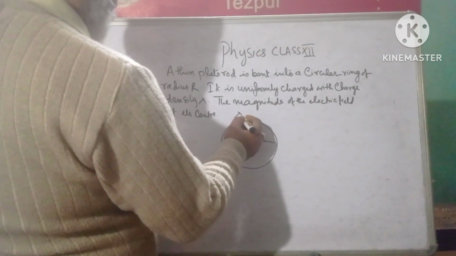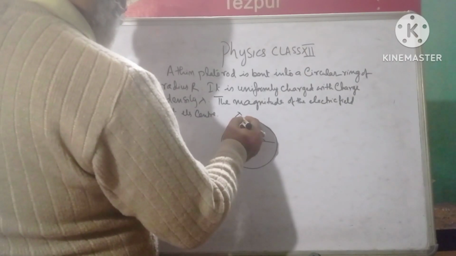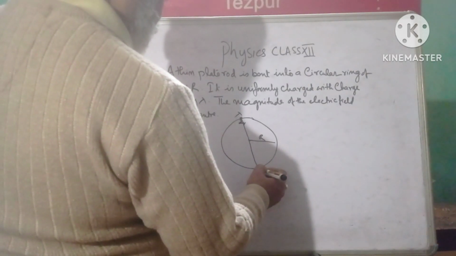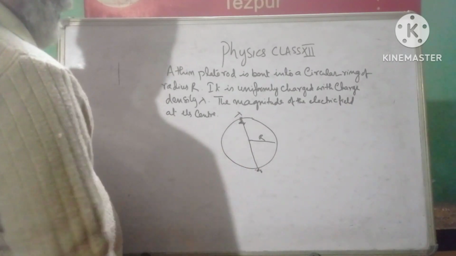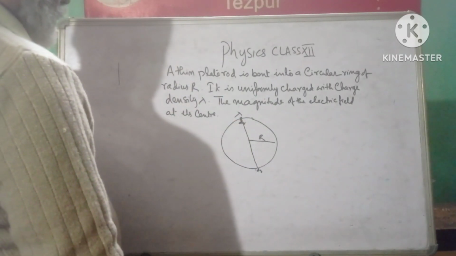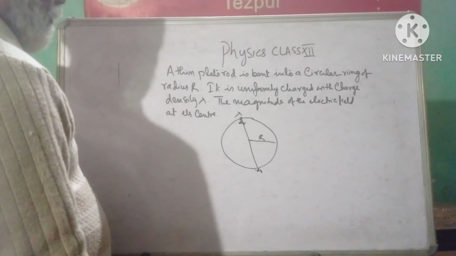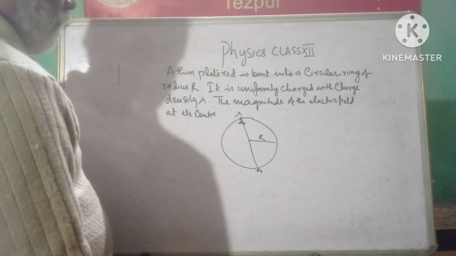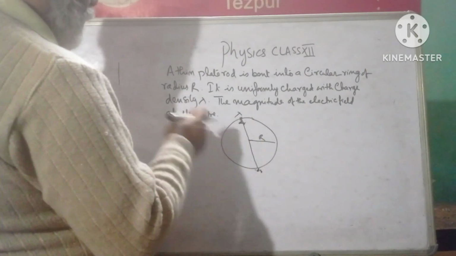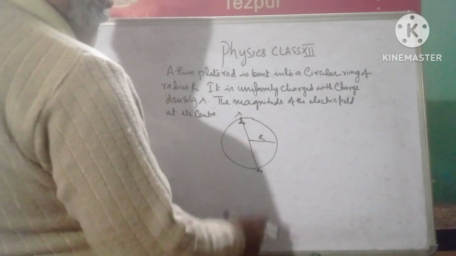So the theory here is that for any small element dq, there is an equal and opposite charge element on the other side of the ring.